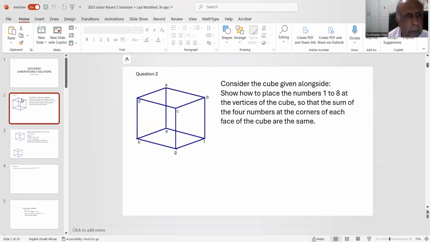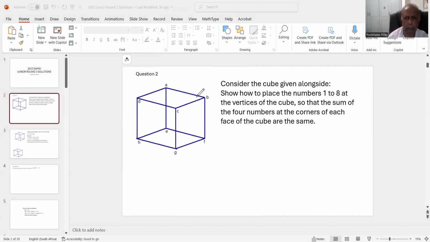All right, so the vertices, there are 4 vertices at the top and 4 vertices at the bottom, making 8 vertices altogether. So these are the vertices that are referred to in this question. You want to place them from 1 to 8 so that the sum of the 4 numbers at the corners of each of the faces of the cube are the same.